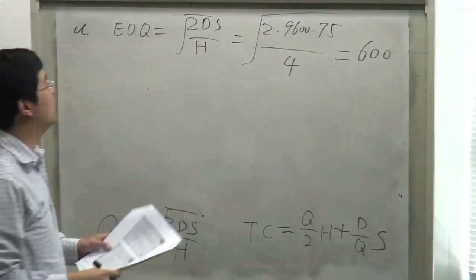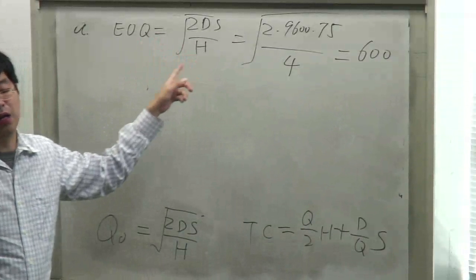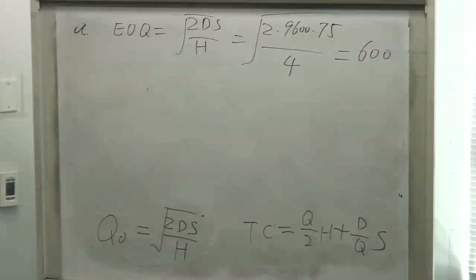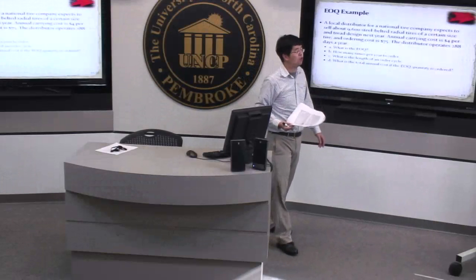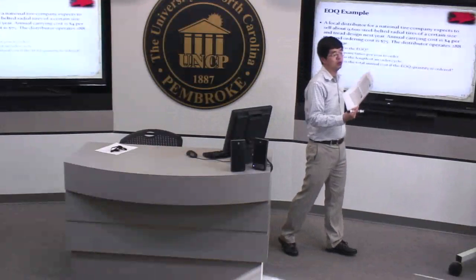D is demand, 9,600 tiles per year, annual demand. S is ordering cost, which is $75 per order. And H, holding cost, is a little bit confusing because they use the terminology carrying cost, but you understand holding and carrying are the same, right? Sleep in your inventory, sleep in your warehouse, that's the cost. So plug in this formula, we get EOQ equal to 600.